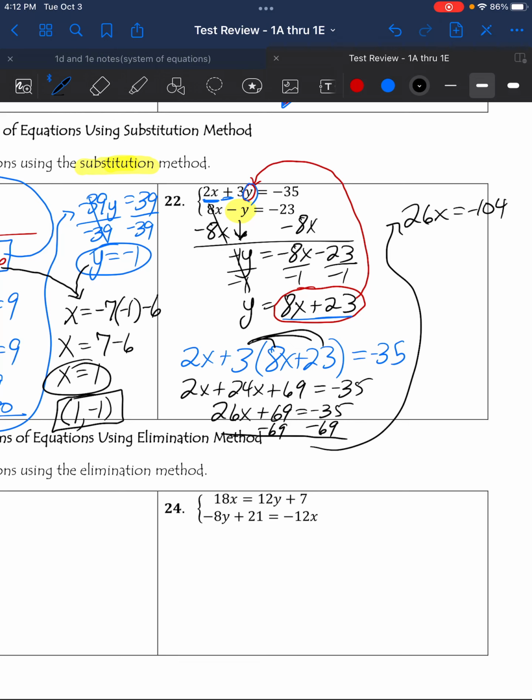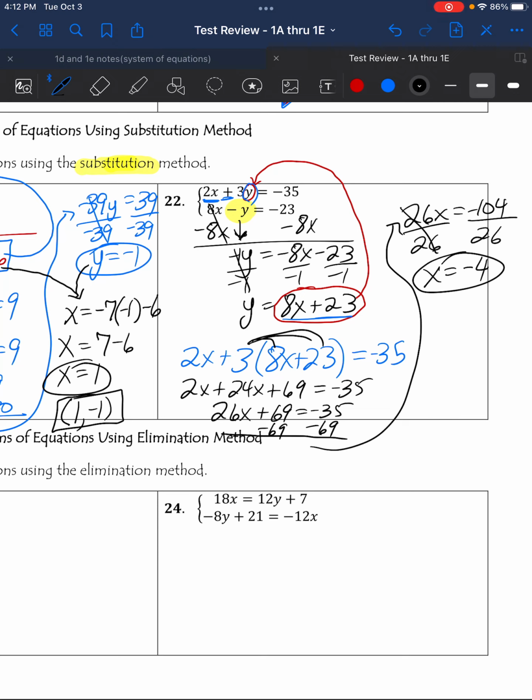A little question mark in there because that's a pretty big number to do in my head. So I'm going to just quickly check it. Negative 35 minus 69. Yep, 104. So negative 104. Divide by 26. That's 4. X equals negative 4 since one is negative. So the x is negative 4.